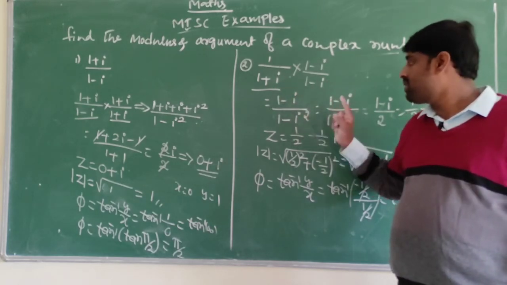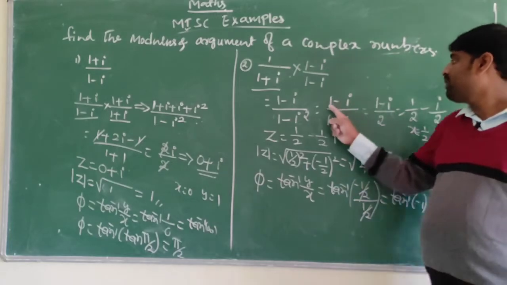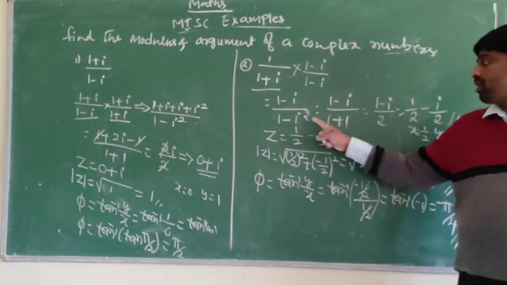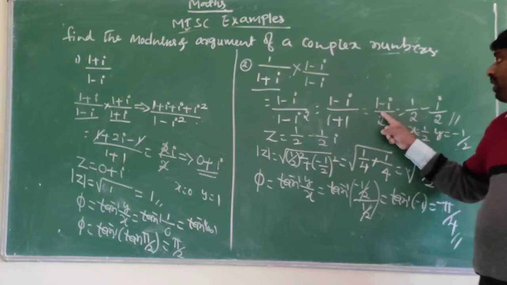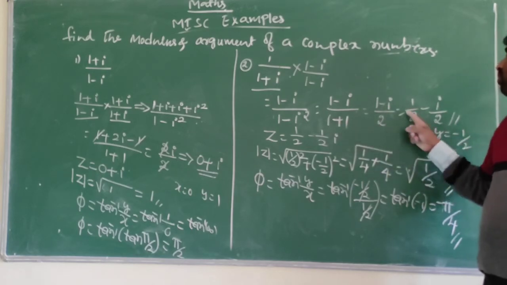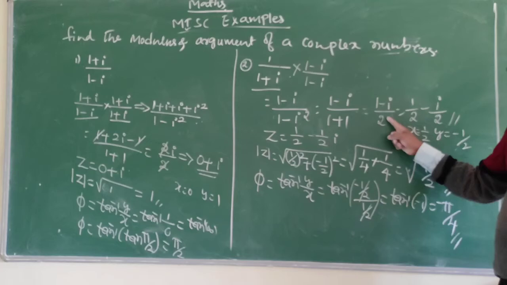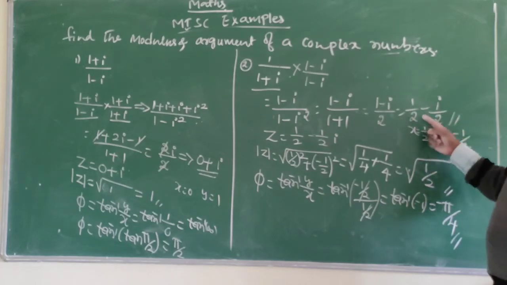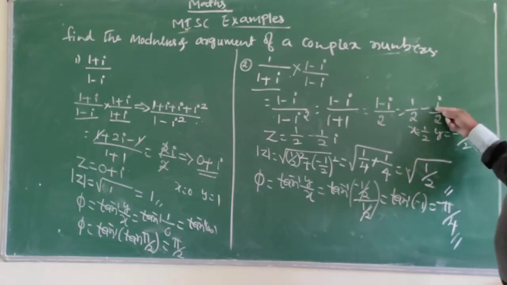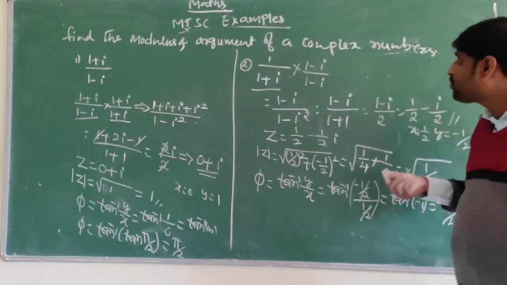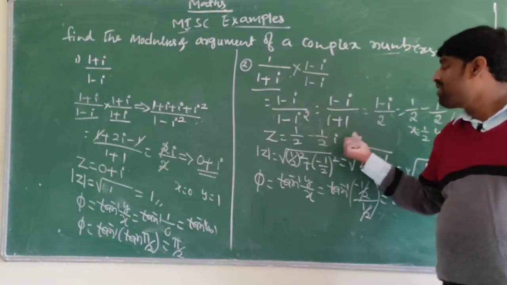That is 1 minus i divided by 1 minus i squared, where i squared is minus 1, so 1 plus 1, that is 2. Separating the fractions, 1 by 2 minus i by 2. The x value is 1 by 2, the y value is minus 1 by 2. It is a form of x plus iy.